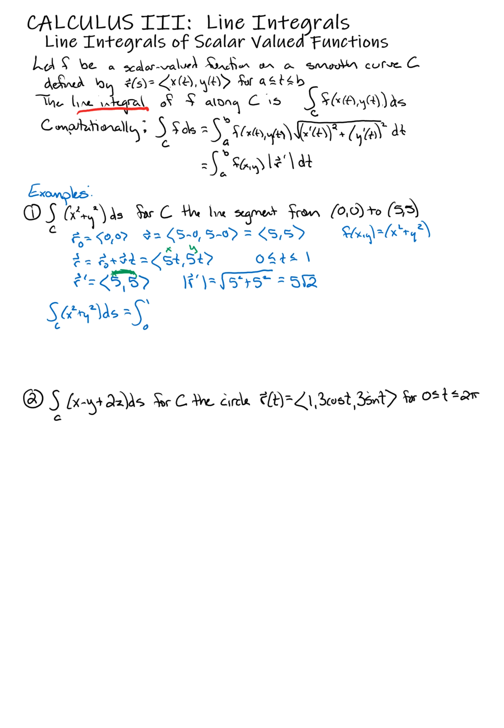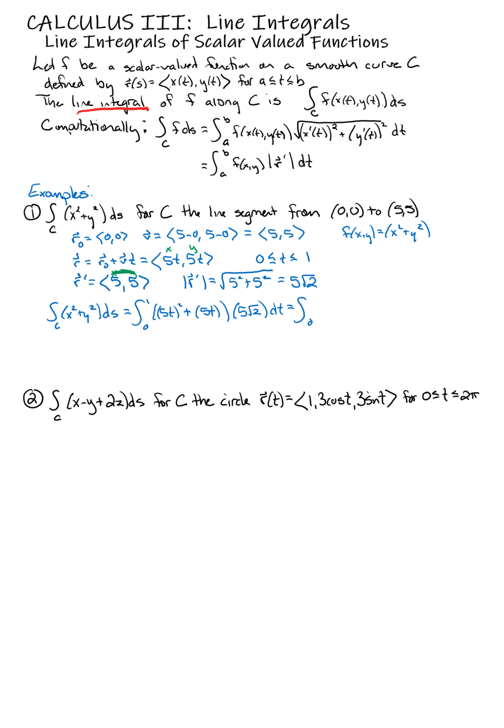Okay, so x squared would be 5t squared plus y squared, that's also 5t squared. And then remember we have to multiply by the magnitude of r prime. That's what we determined here, so that's 5 square root of 2 dt.